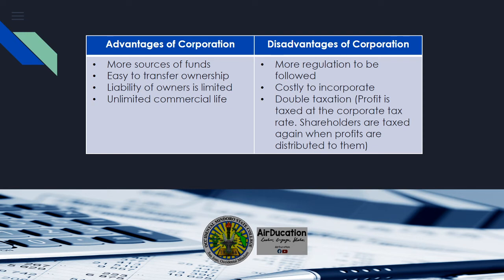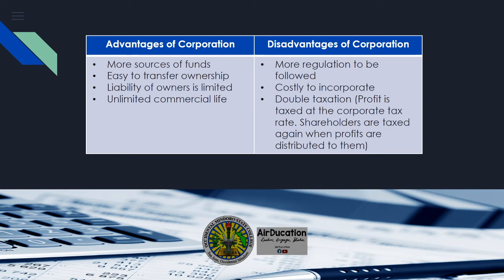Of course, since you are involving tons of money in the business from your 5 to 15 incorporators, there are more regulations to be followed. This is to ensure that all the incorporators in the business are protected by the law.